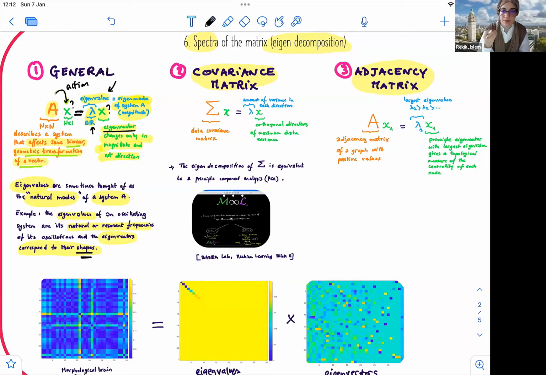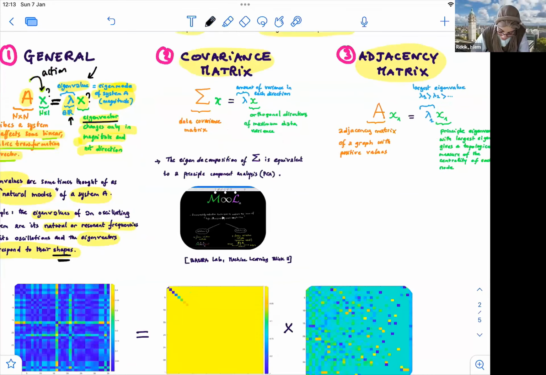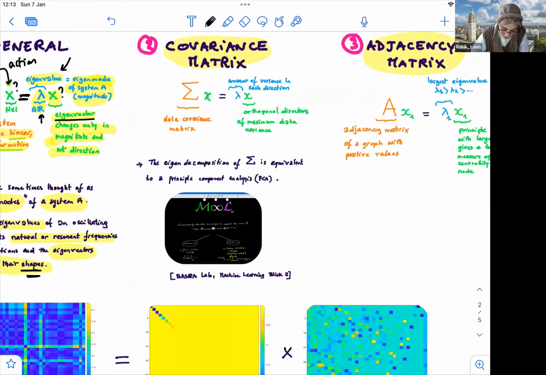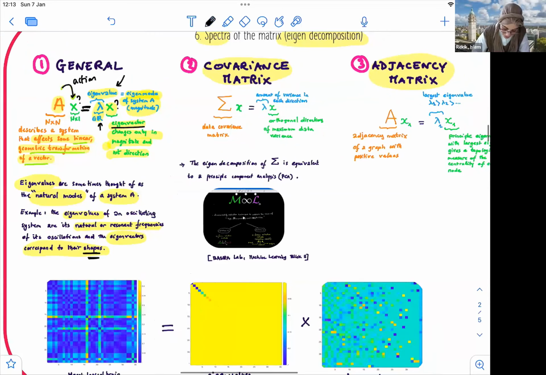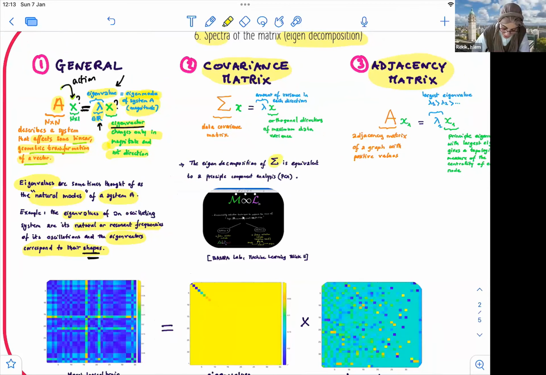It's in physics, it's rooted in mathematics, but it is very powerful in machine learning, because we have seen in lecture 11 of the machine learning blinks that if we have training samples, and from these training samples we define and derive our covariance matrix, the eigen decomposition of the data covariance matrix is equivalent to a principal component analysis, or PCA.